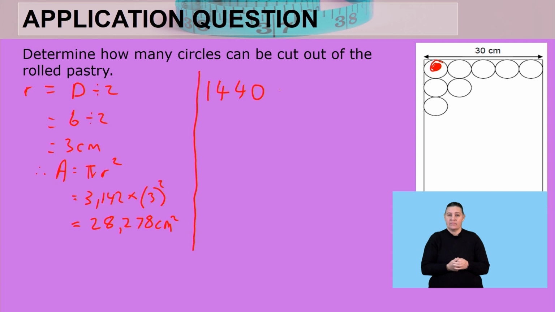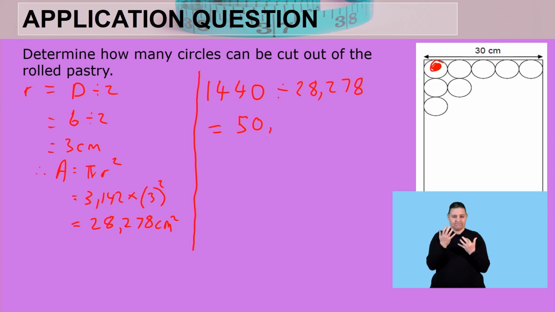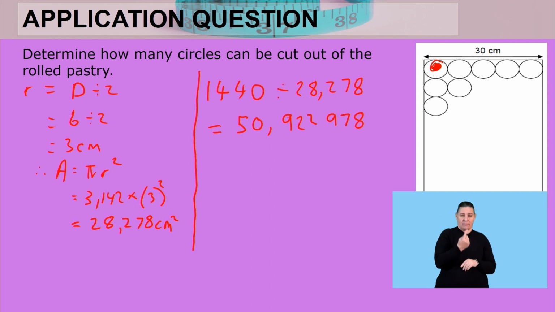And I'm going to divide that by 28.278 to figure out how many of these circles we actually can get. It's 50.922978. All right, on the calculator. Now, looking at this, we've got to do a bit of those maths-lit rounding off.